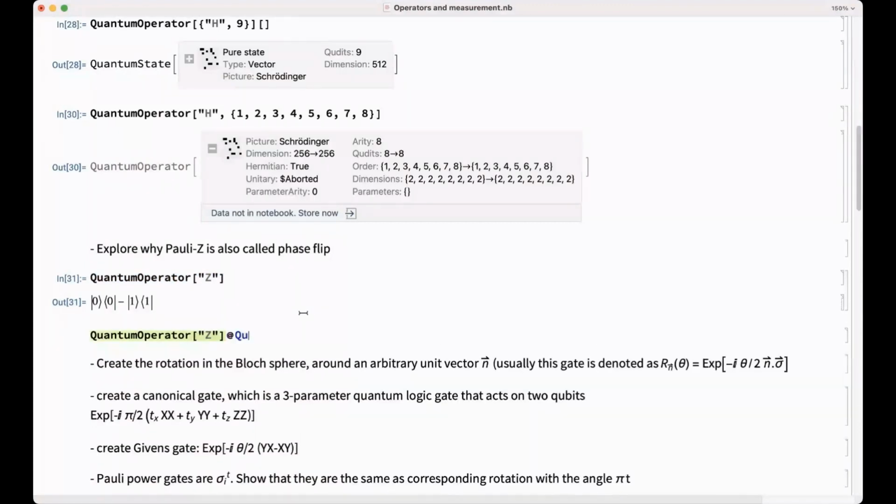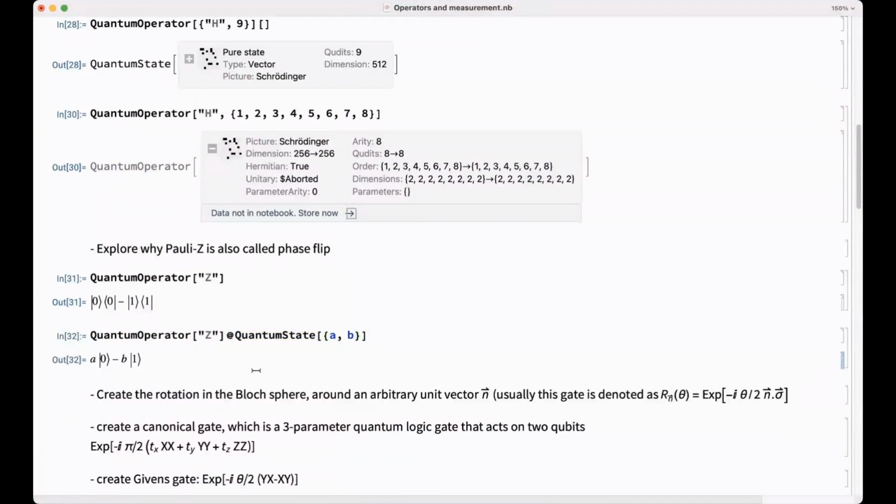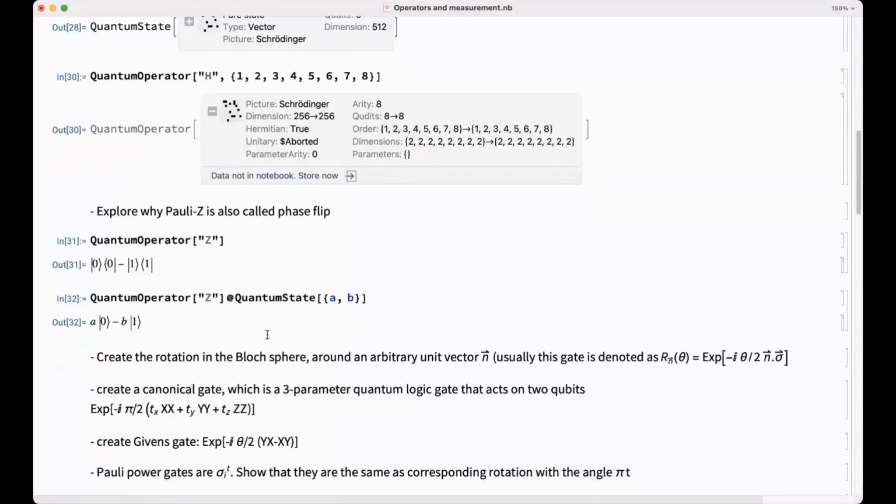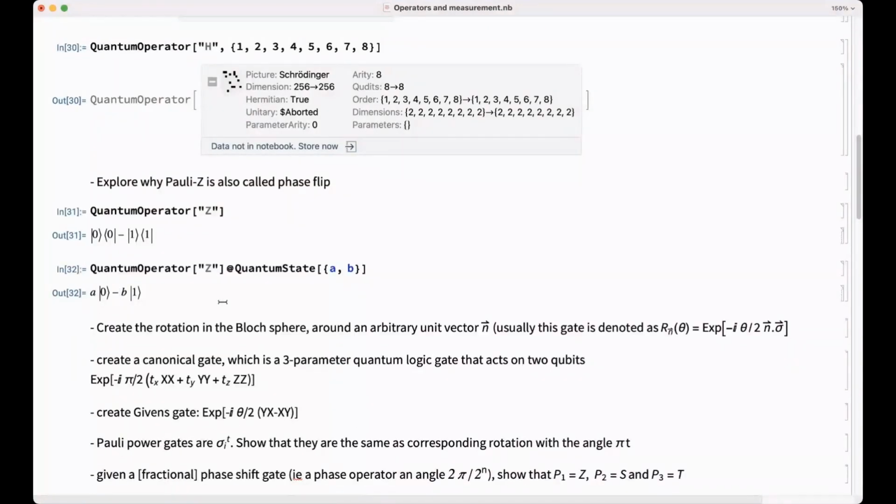For example, applied on state A and B, look at the formula, it becomes negative B. That's exactly the same as a phase flip error that can be caused by an environment. It's like randomly applying Pauli Z on one of your qubits, flipping the phase of that qubit. Okay, let's move on to the next one.